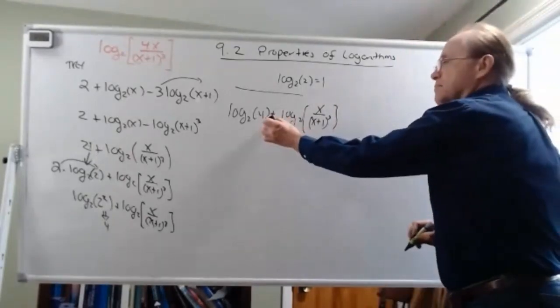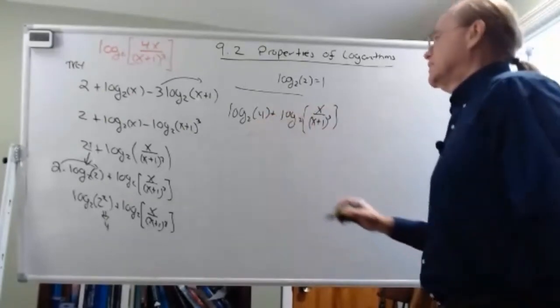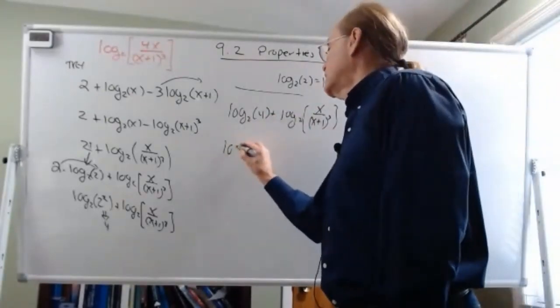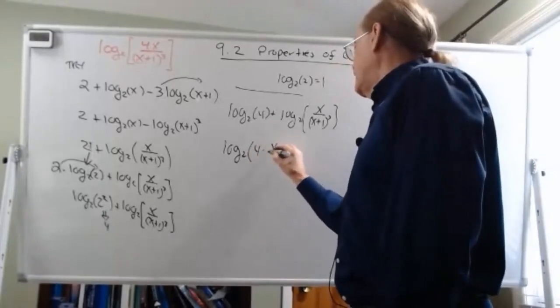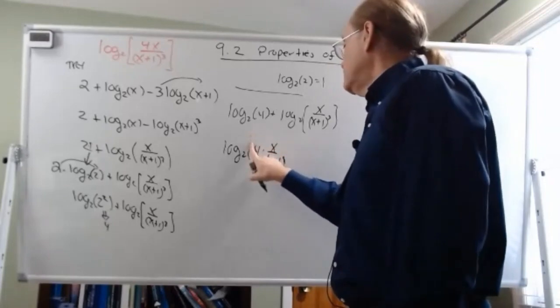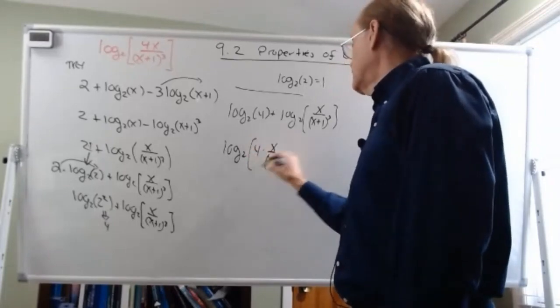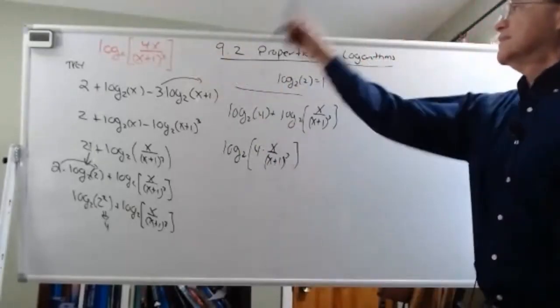But here's a sum. Remember, a sum turns into a product. That means I multiply the 4 times that. So this is equivalent to the log in the base 2 of 4 times x over x plus 1 cubed. And I can just put the 4 up top. Doesn't matter. And there I am.